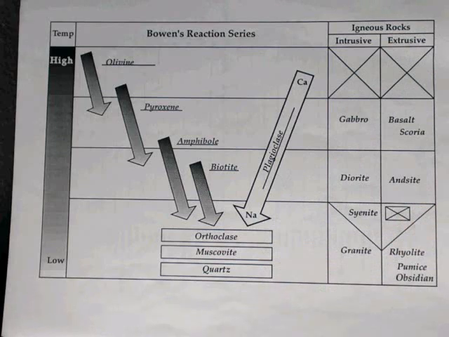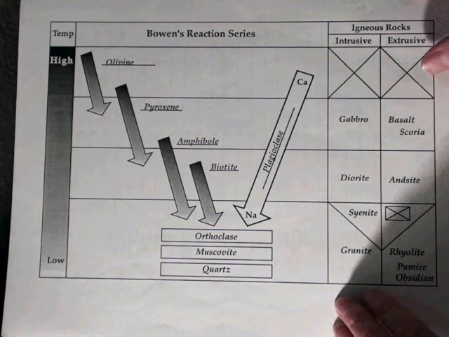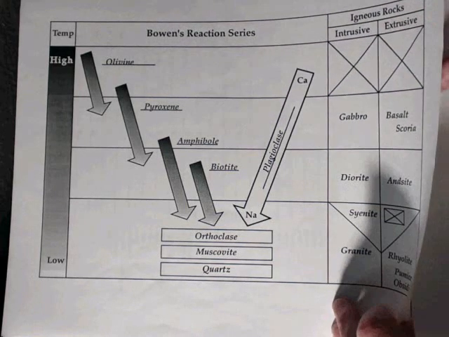So we look at which minerals are contained in coming up with the classification of our igneous rocks and the names that we get for them. That's all involved with Bowen's reaction series, so we will go through that with you.